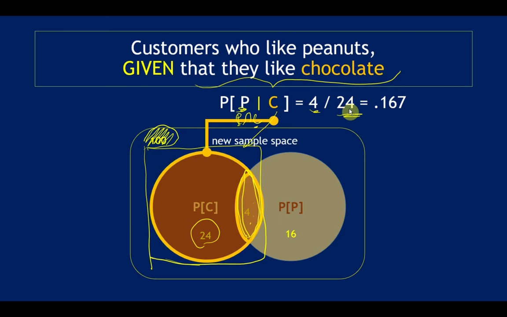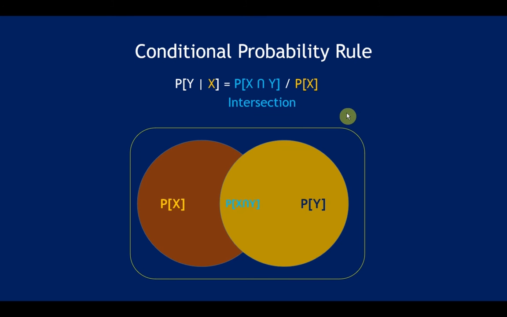So very important, whatever given condition you have will become your new sample space, and the new sample space will become the denominator. So here is the conditional probability rule in more general terms. The probability of Y given X: X is the condition that you're given, that will become your new sample space.